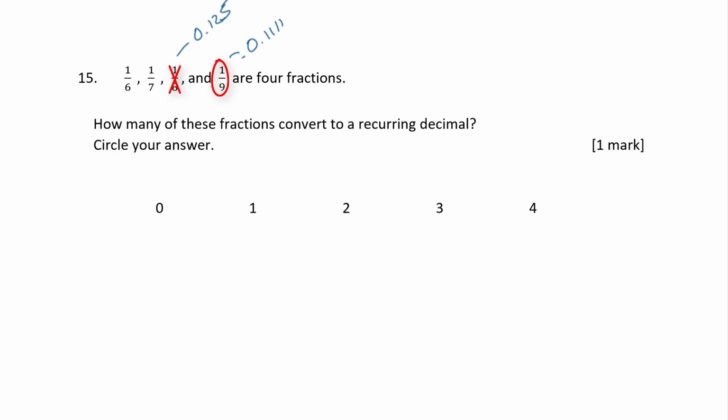1/6 is half of a third, and a third I know is 0.3333, so I'm pretty sure that 1/6 is also going to be a recurring decimal. It's actually 0.16666, or 0.1 recurring 6. Yeah, it's got recurring 6 there, so that one does. 1/7: you may or may not remember this, but it is actually a recurring decimal.